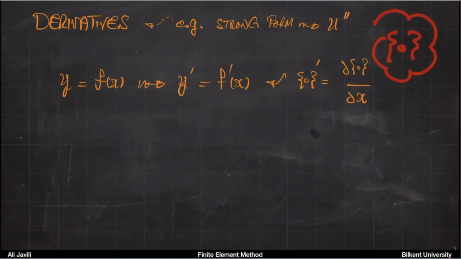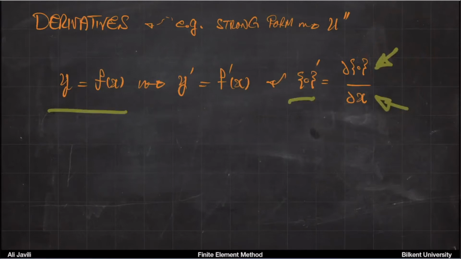This means just an arbitrary quantity. I read it as something. So the derivative of something is just the derivative of that thing with respect to x if it is usual 1D.